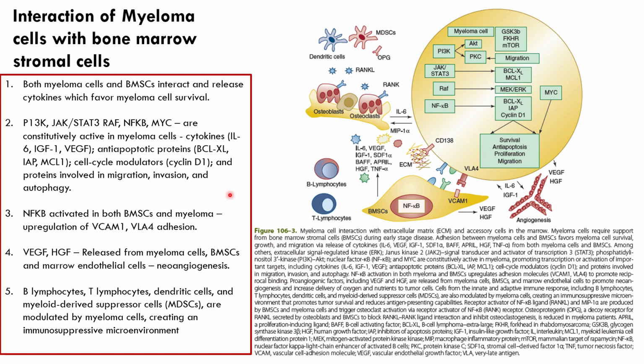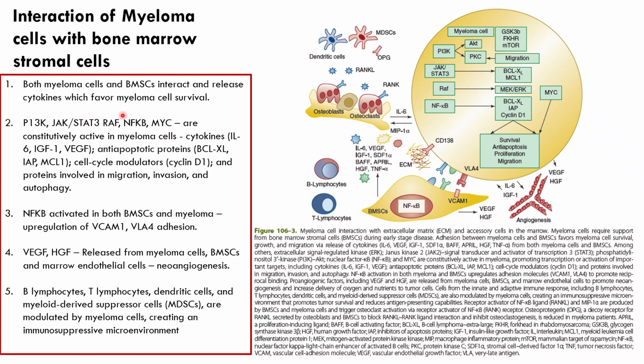So this is the slide showing the interaction of myeloma cells with the bone marrow stromal cells. Both myeloma cells and bone marrow cells interact and release cytokines which favor myeloma cell survival.